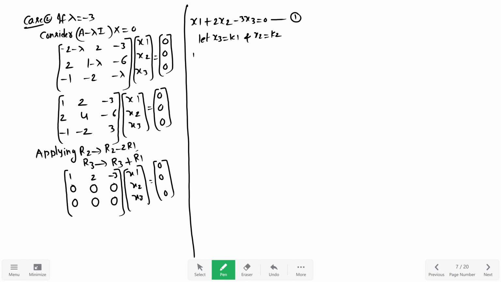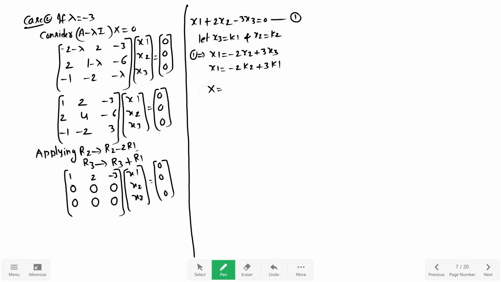From equation number 1, x1 equal to minus 2x2 plus 3x3, so x1 equal to minus 2 into x2 value k2 plus 3 into x3 value k1.